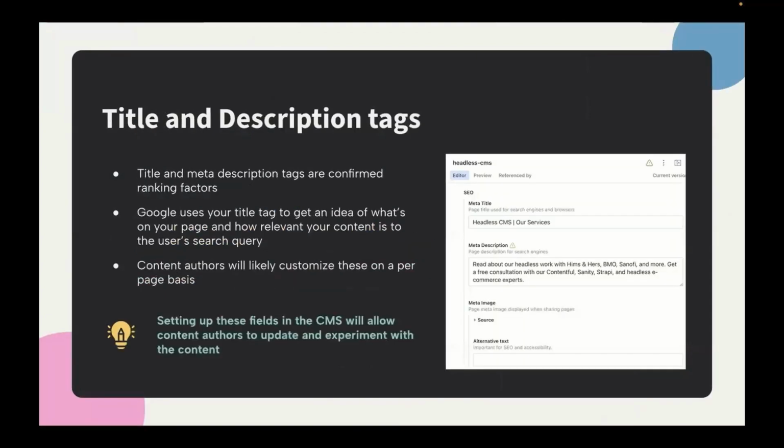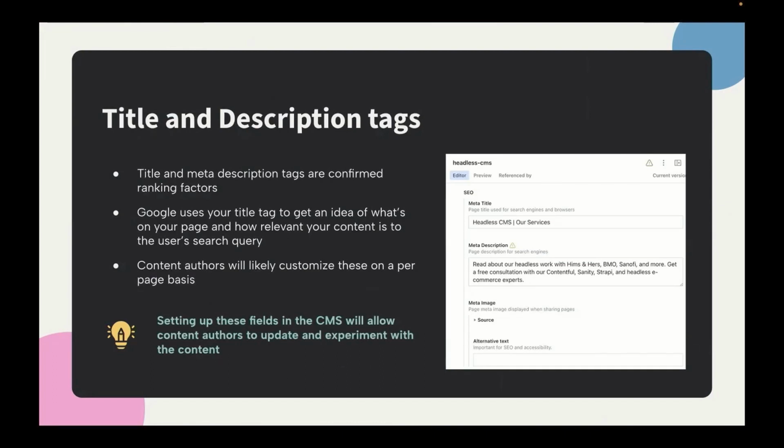The first one, everybody's probably heard of, is the title and description tags. The title and the meta description tags are definitely confirmed ranking factors. And what I find is that typically when we build out these headless CMS platforms, it's really important to include these fields in your CMS, just so that your content authors have an easy way to customize their meta titles and descriptions.